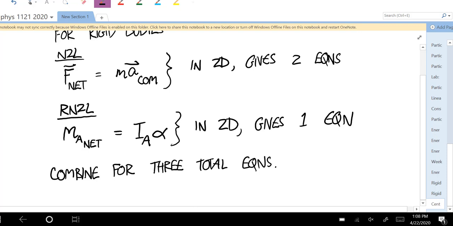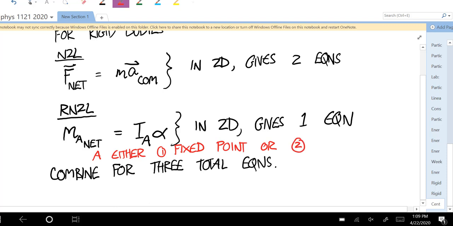Okay, and by the way, we'll see that there are restrictions on what this axis can be, what you can choose as your point A. I know that doesn't mean much to us so far, but A has to be either a fixed point, like a place where the object has a hinge or something that rotates, that's connected to the coordinate system, usually the ground, connected to something fixed, something that can't move.